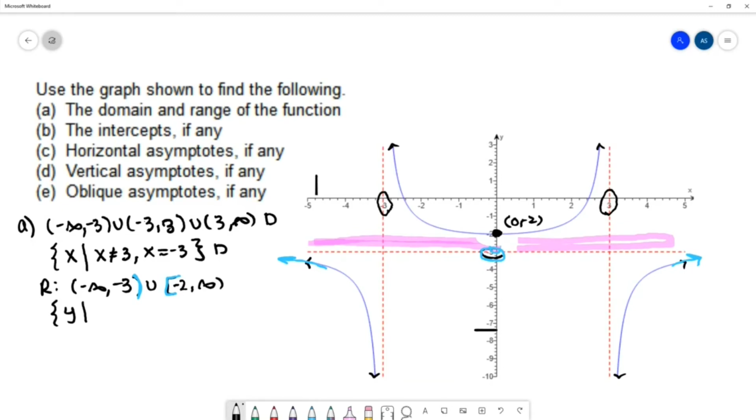Below the horizontal asymptote, the y values are less than -3. And then above that horizontal asymptote, those are y values that are greater than or equal to -2. So we want y values that are less than -3 or y values that are greater than or equal to -2.